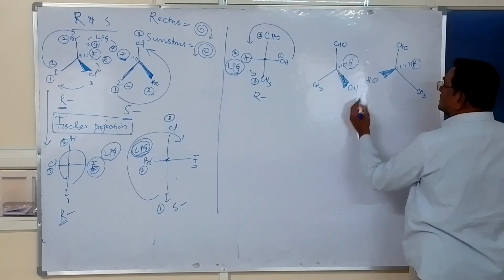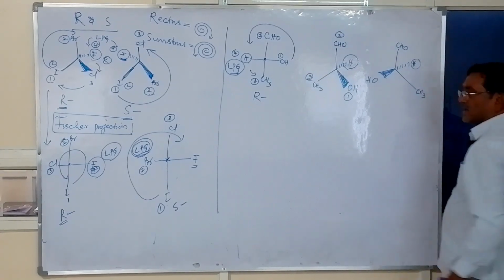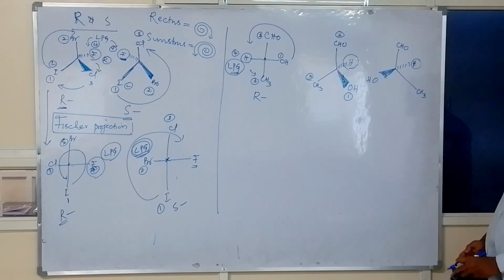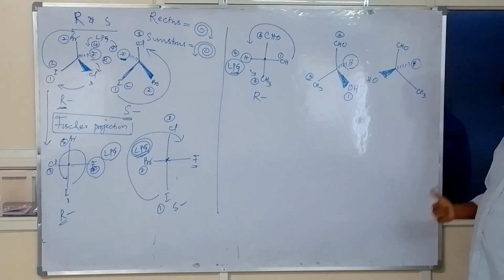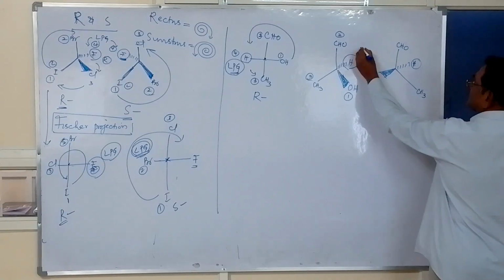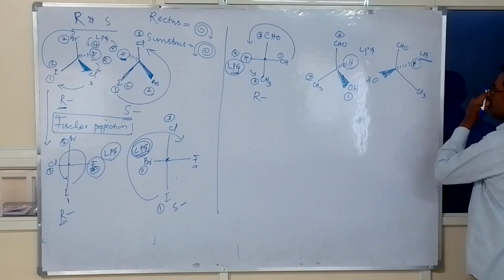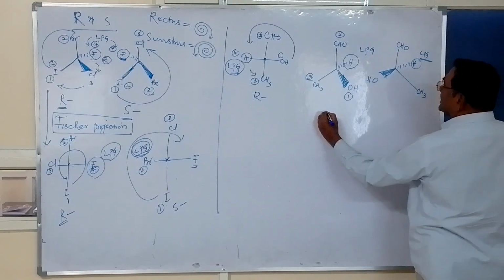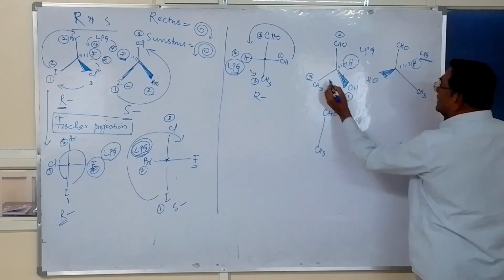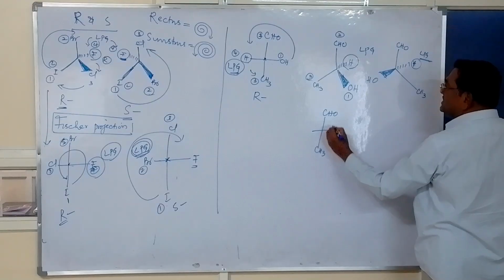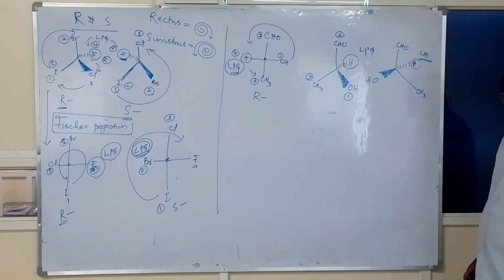The highest priority comes to this, second priority comes to this, third priority comes to this. Don't try to convert this one. When the least priority group is on the dash, what are you doing, children? The least priority group is going to be on the dash. So this should be written on the vertical line, CHO, CH3, and H is on the right side. And no need, children, why should we go that way? Directly we can answer this.